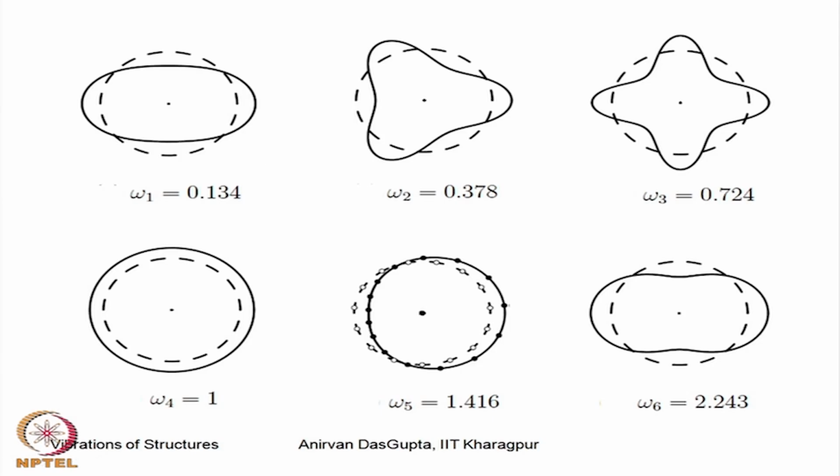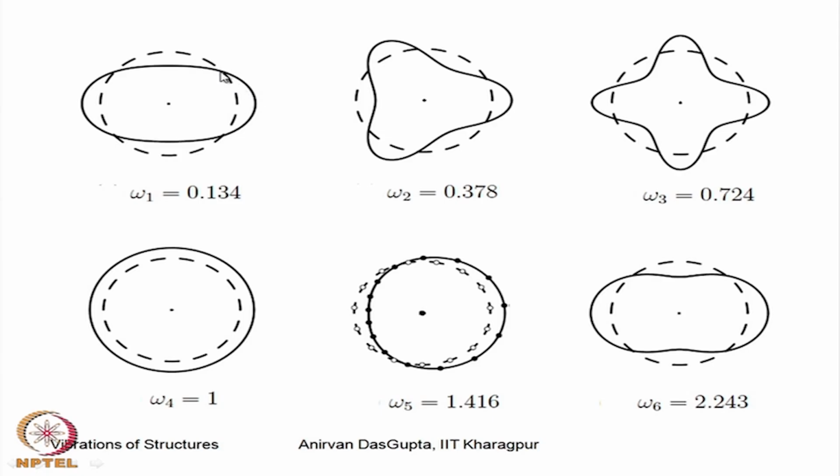Now, looking at these figures, it might seem that these are nodal points, but this has to be checked properly, because now we have not only radial motion, but also circumferential motion.